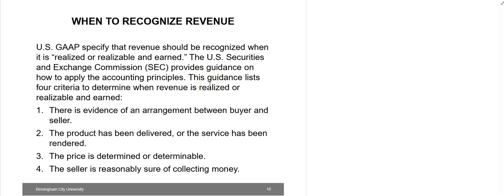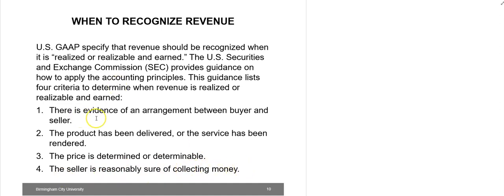The guidance provided 4 criteria to determine when to recognize revenue, that is, when revenue is realized or realizable and earned. These 4 criteria were: there is evidence of an arrangement between the buyer and the seller, the product has been delivered or the service has been rendered, the price is determined or determinable, and the seller is reasonably sure of collecting money.